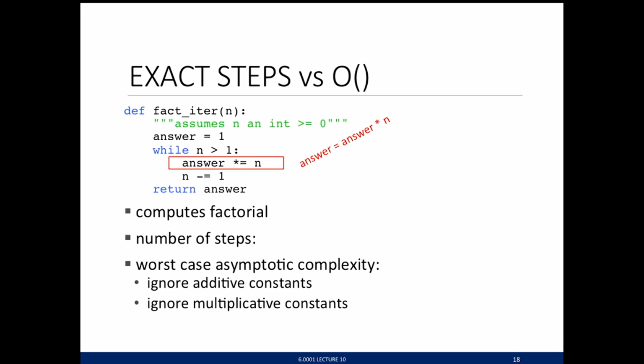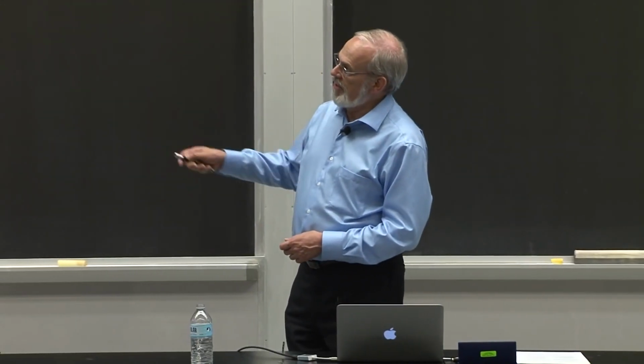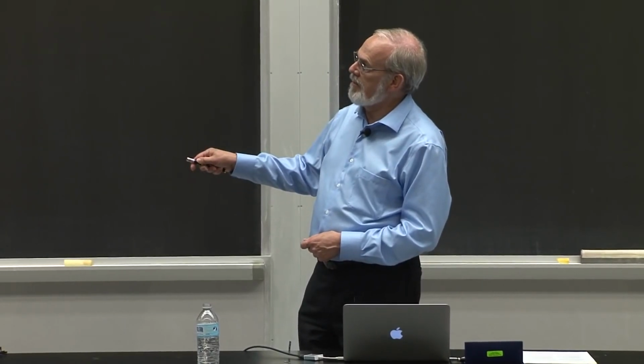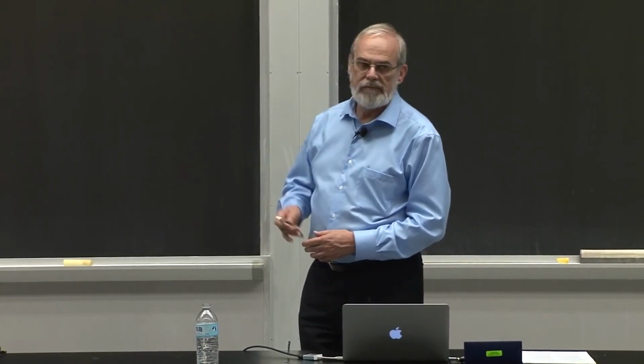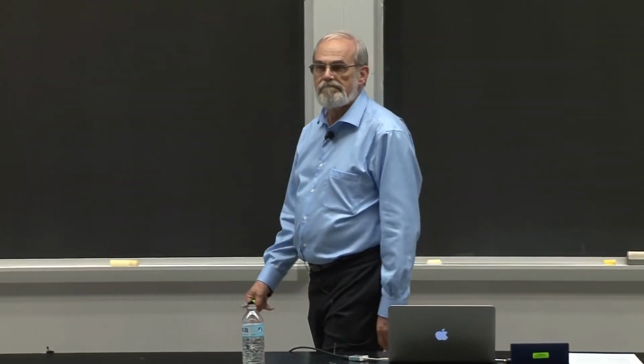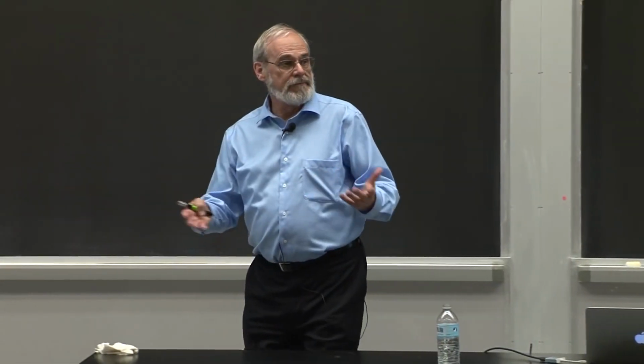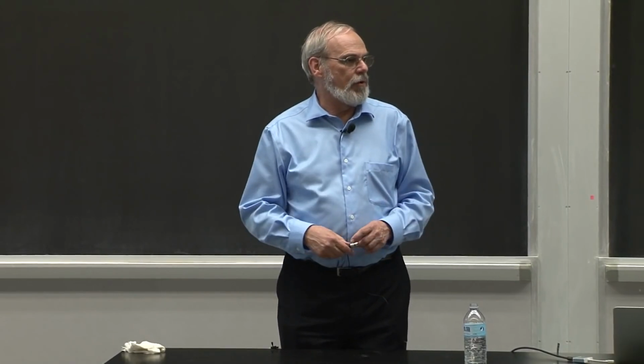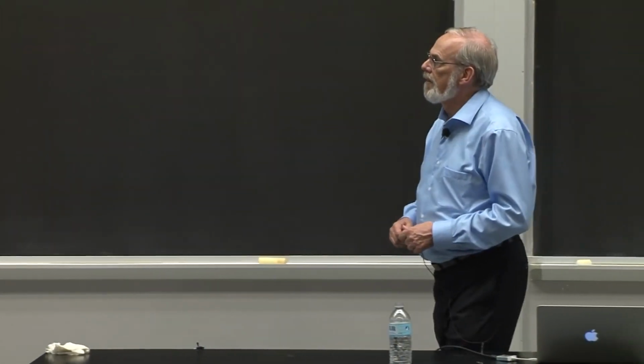So I've got 2 plus 2 plus the test, which is 5. I've got 1 outside here. I've got 1 outside there. And I'm going to go through this loop n times. So if I count the number of steps, it's 1 plus 5n plus 1. Sort of what we did before. 5n plus 2 is the total number of steps that I use here.